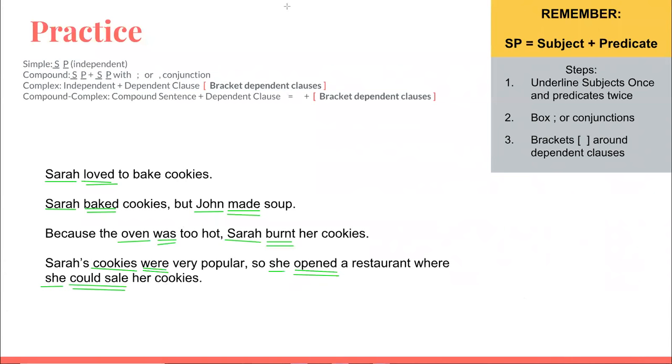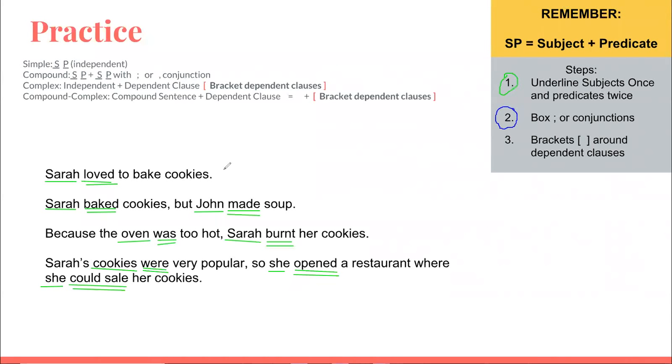Okay, I'm going to change colors here. So now we've got our step one done, right? Now step two: we're going to box any conjunctions or semicolons or comma conjunctions.